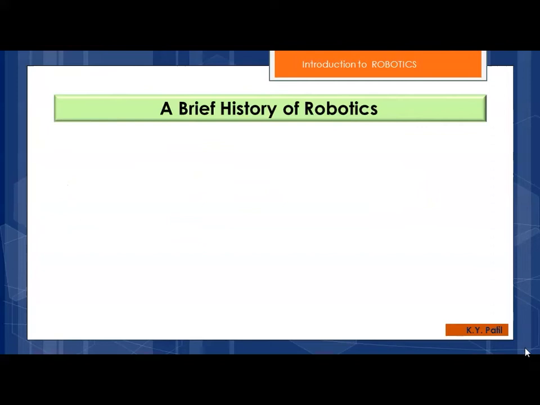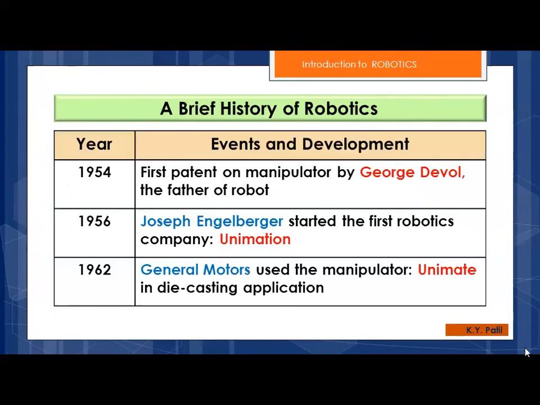Now if you see the NC machine, that is numerically controlled machine, that was developed first in the year 1950, but the robot came after that. So the first robot was developed in the year 1954.